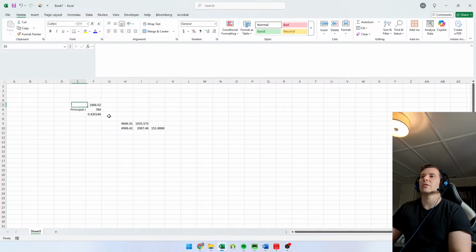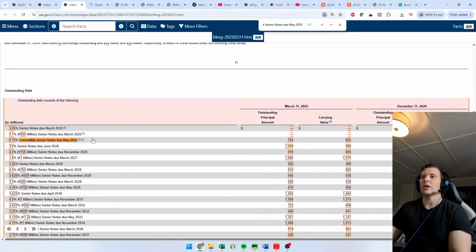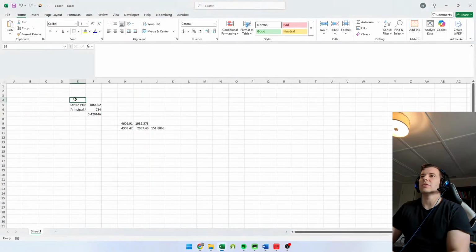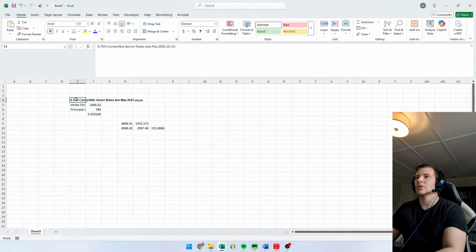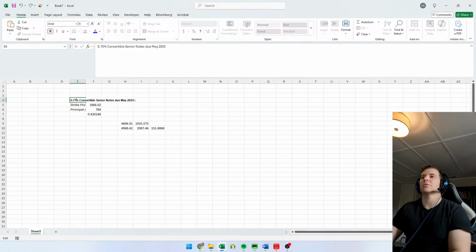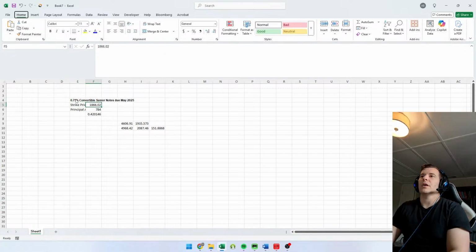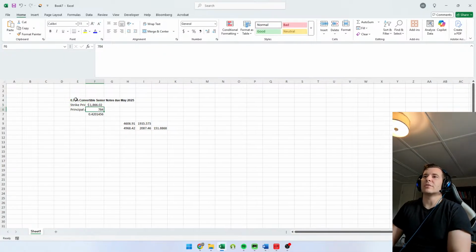So let's make this strike price. And this is all about their, whatever they called these, 0.75% convertible notes. Let's delete the subscripts because we don't need them. All right, let me fix some formatting. Strike price, we'll say actuals.